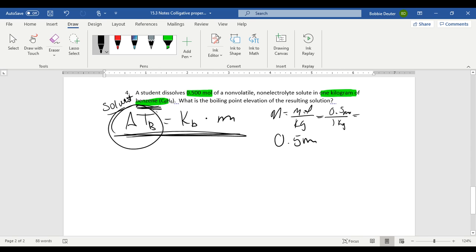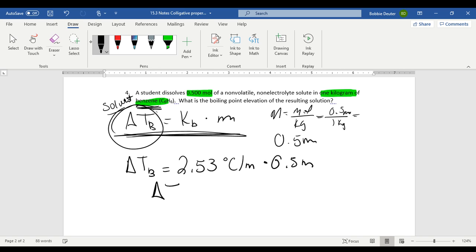That becomes our molality for this solution. When we're looking at our delta T_B, we do know our Kb because we have benzene as our solvent. Benzene's Kb is 2.53 degrees Celsius times molality, and our molality we just said was 0.5.